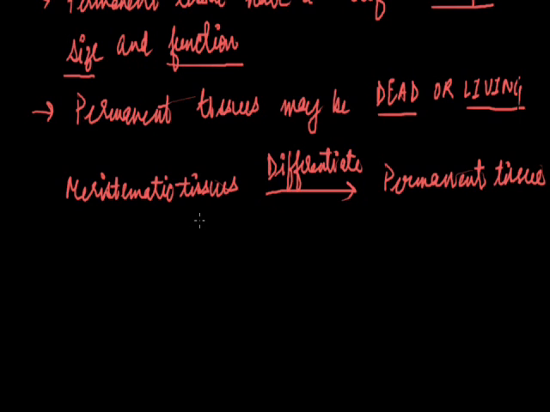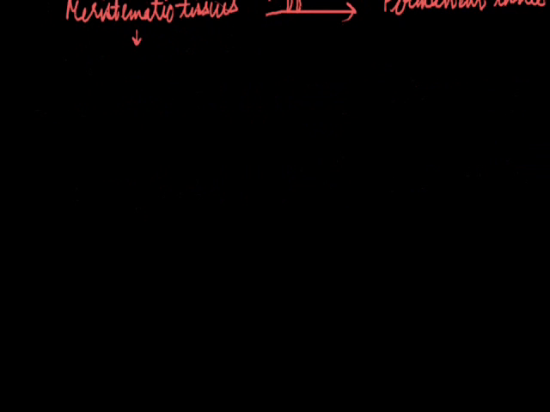During differentiation, developing tissues and organs change from simple to more complex form to become specialized for specific function. So, during differentiation, what happens? These meristematic tissues, which were having no function at the time, after differentiation, they get their particular function. So, let us differentiate between meristematic and permanent tissues.